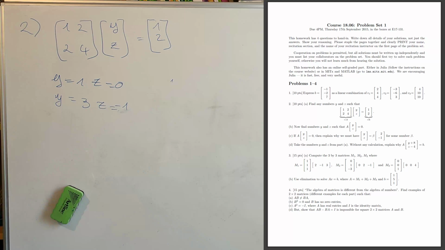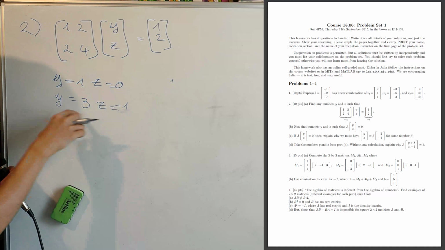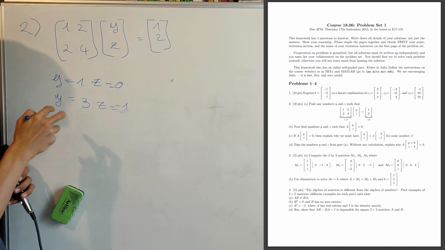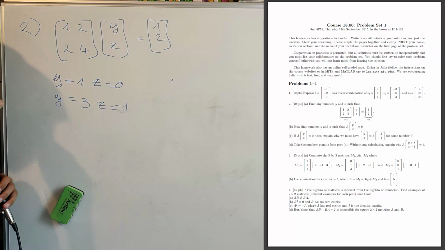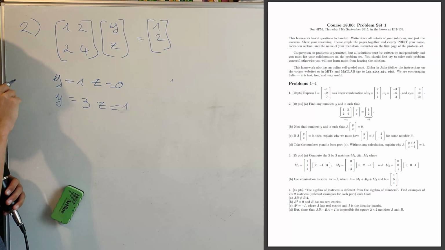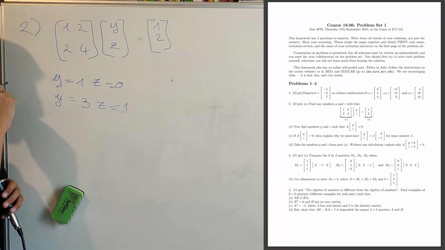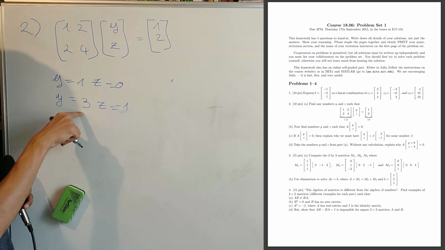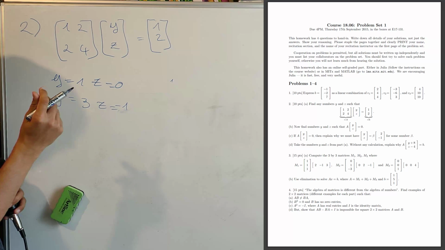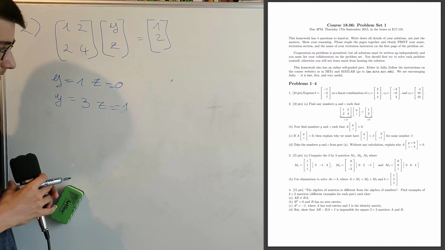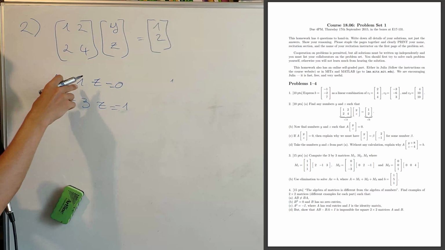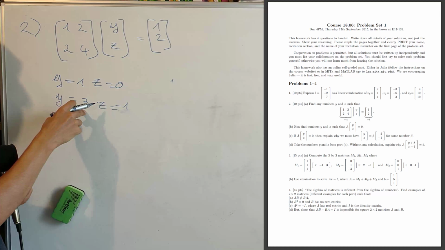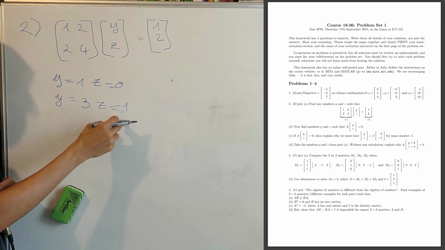Let's put y as the input and z as the output. The slope of a line is the difference of the outputs over the difference of the inputs, which is 1 minus 3, so minus 2 over 1, so it's minus 2.